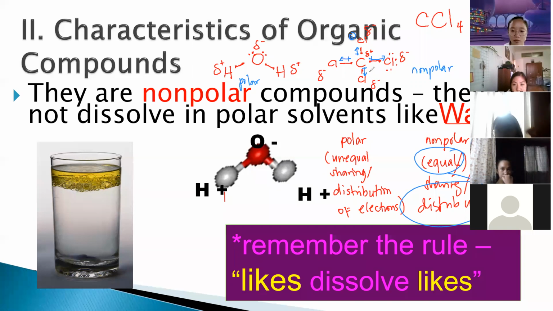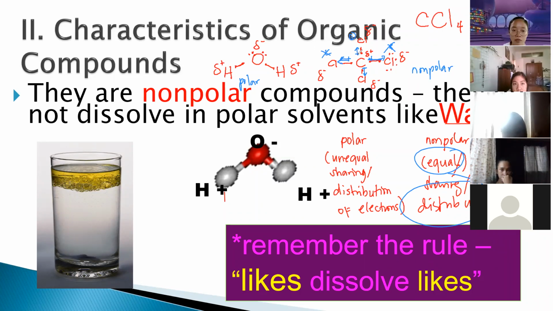However, ang nangyari, since pareha sila ng ano tawag dyan? Direction. So like this one, going to the left, going to the right, magka-cancel yung kanilang dipole moment. Hindi na mag-move yung electrons. So mag-i-equal yung sharing on both sides, sa left and sa right.